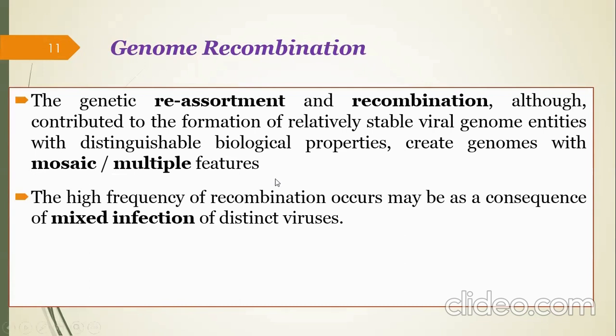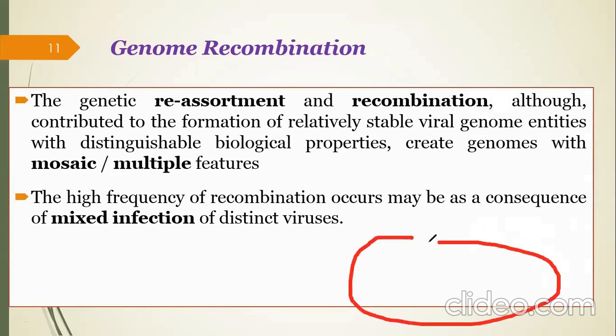And a high frequency of recombination occurs maybe as a consequence of mixed infection of distant viruses. So why does recombination occur, specifically in viruses? Like if we have a cell, and in that cell we have different viruses, or different strains of the same virus. So if these are two different viruses, and two strands of these viruses are present in the same cell, what will happen?